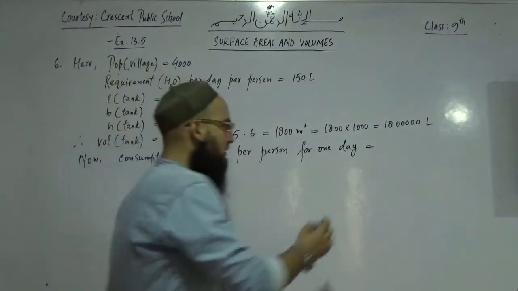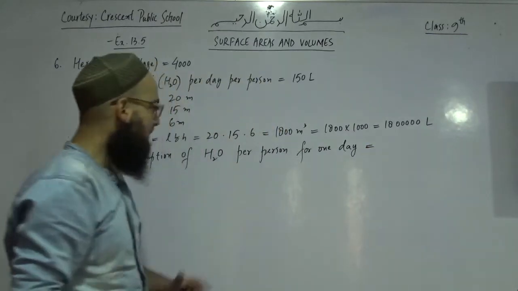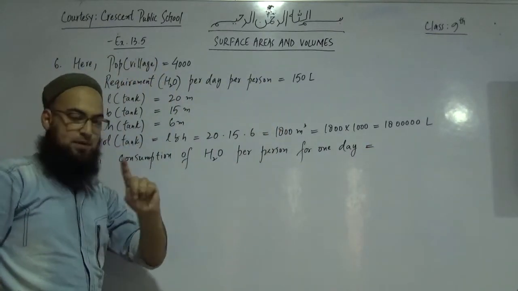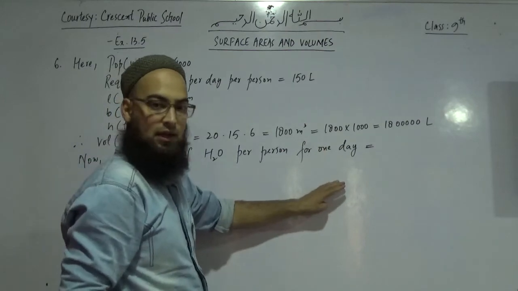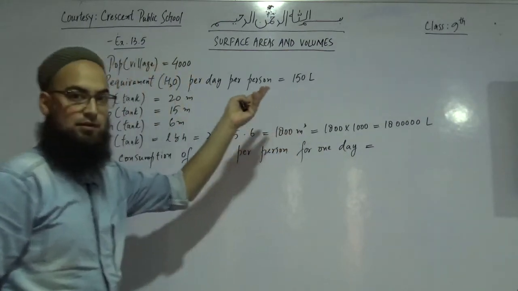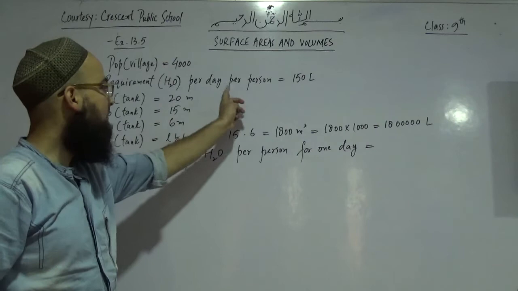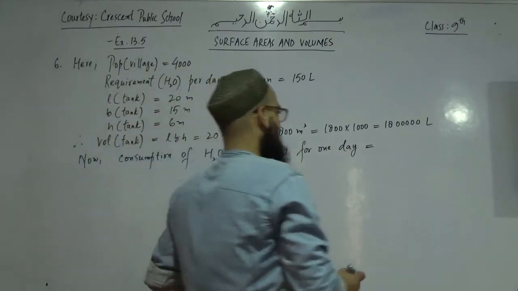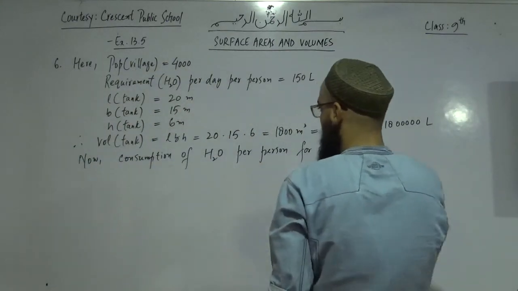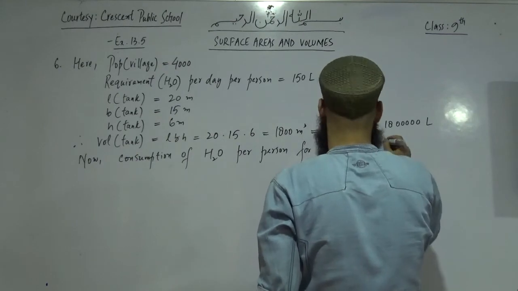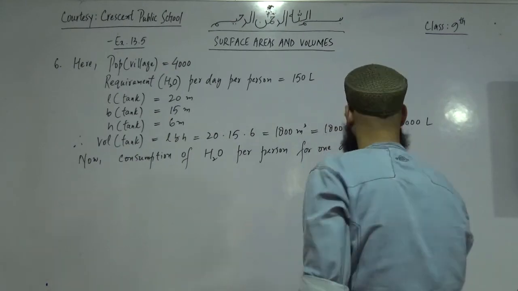For one person, what is the consumption for one day? That is 150 liters. Requirement per day per person, 150 liters. So consumption of water per person for one day is 150 liters. Got it?